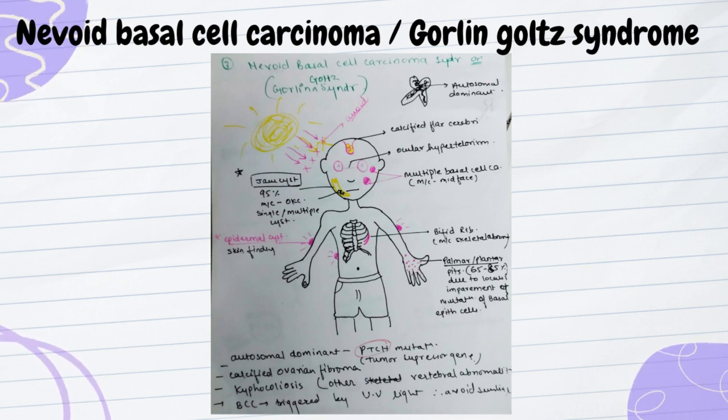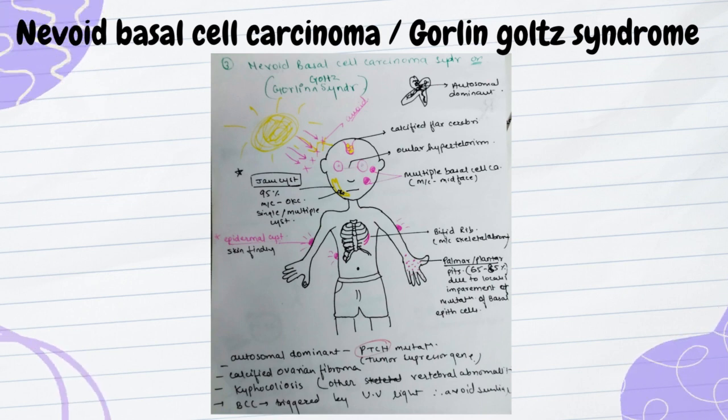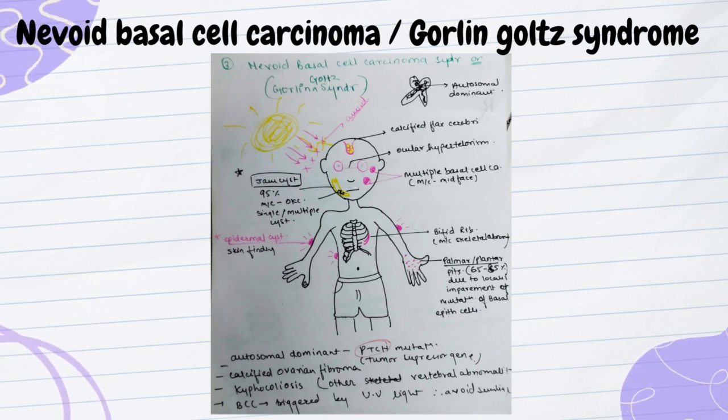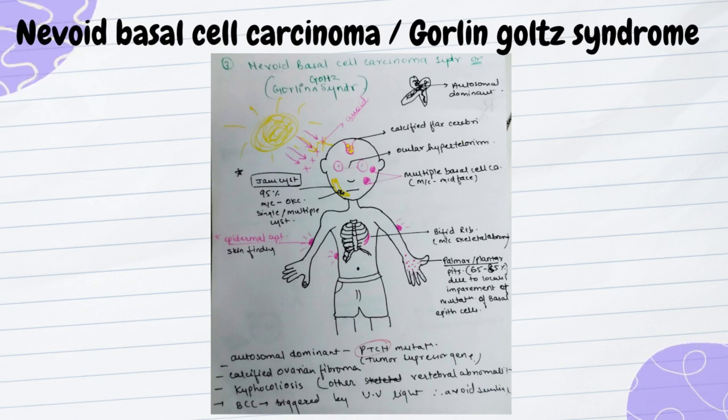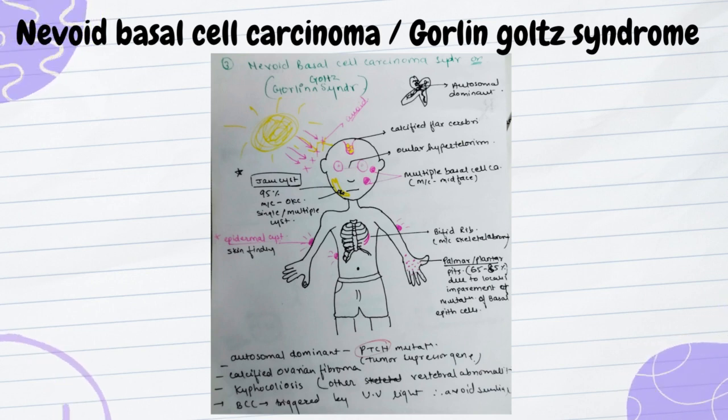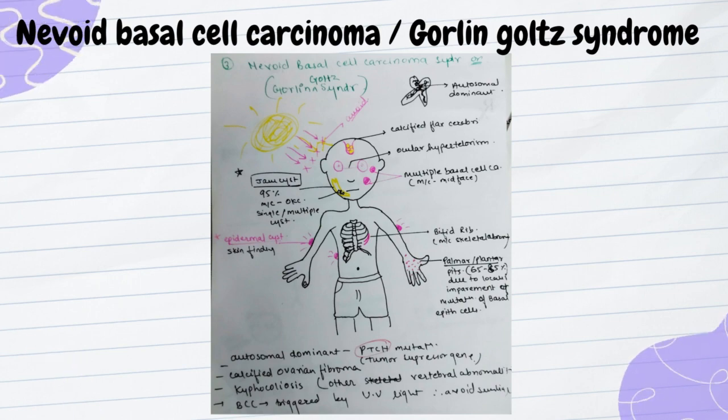Okay, and now to summarize, if you don't remember all of the things, at least remember bifid rib, palmar plantar pits, jaw cyst. Calcified falx cerebri is also very important. Ocular hypertelorism is also important. Basal cell carcinoma is also important.